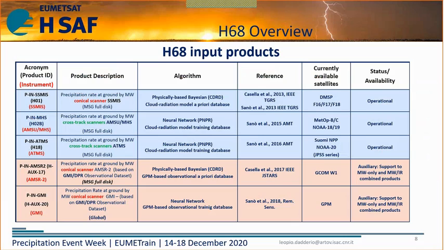So basically, we have 3 products derived from conical scanner sensors, and 2 from cross-track scanner sensors. And 3 of these are based on a neural network approach, and 2 of these are based on a Bayesian approach, so it's a more physical approach.